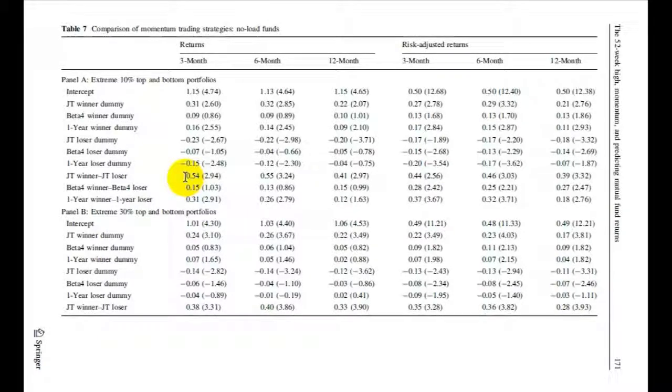And so we see that these are all positive and statistically significant for the winner minus loser. We also see that the ranking of factor loading is not as significant until we get to the 12-month period. And these results are similar to the results we found for all of the funds.